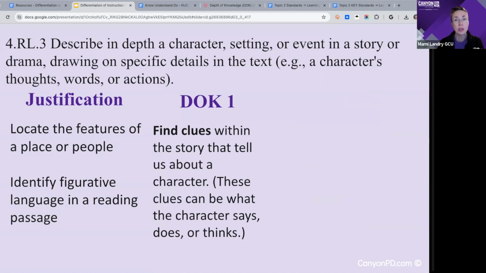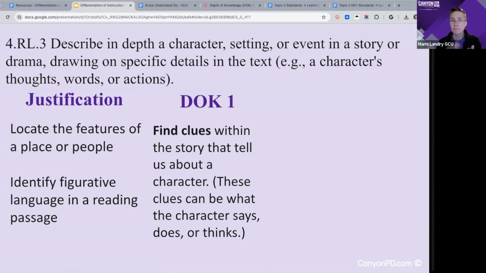You could argue DOK 2, depending on the difficulty of the text or the readiness of your students. And the justifications for it being DOK 2 might be they're identifying patterns in events or behavior, or they're using context clues to identify the meaning of unfamiliar words.